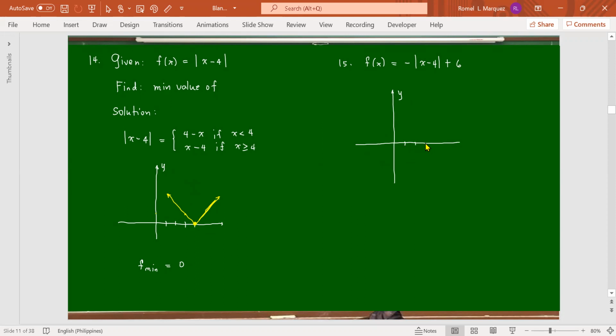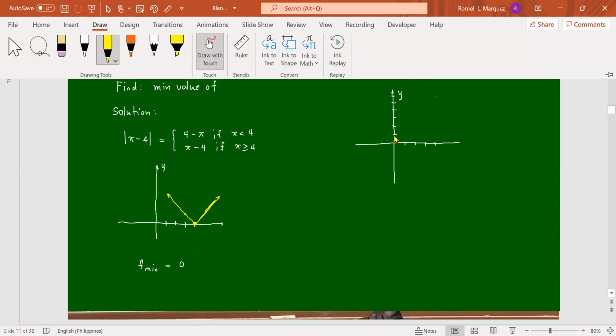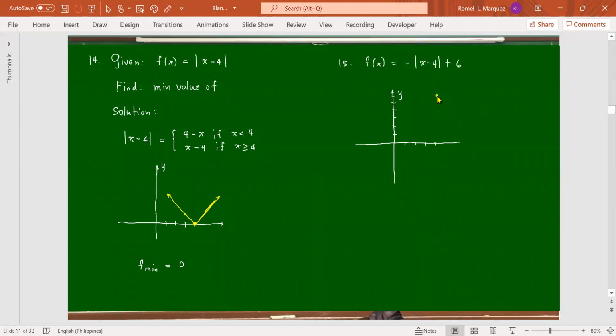1, 2, 3, 4. So here, and then I'm going to move 6 units upward. 1, 2, 3, 4, 5, 6. So again, flip this and then move 6 units upward. So the graph is somewhere here.